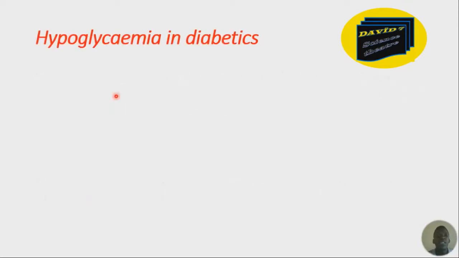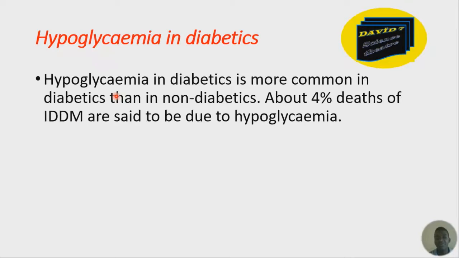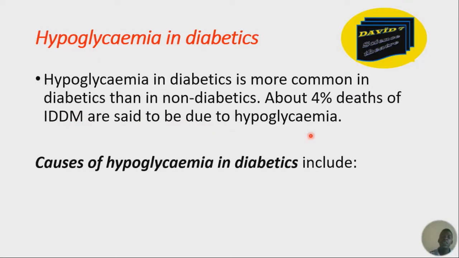Okay, let's talk about hypoglycemia in diabetics. This is more common in diabetics than non-diabetics. About 4% of deaths of insulin-dependent diabetes mellitus patients are said to be due to hypoglycemia.